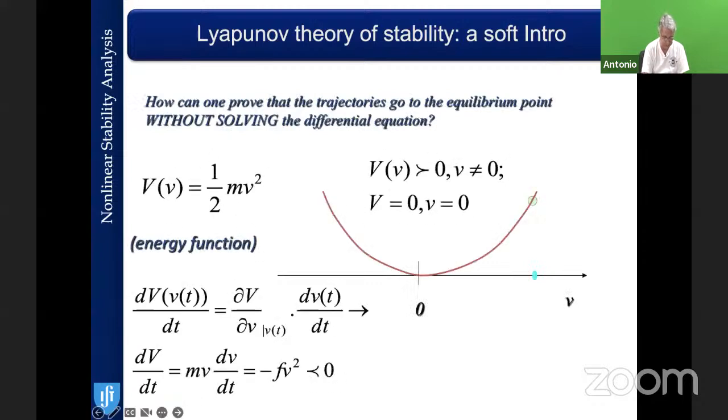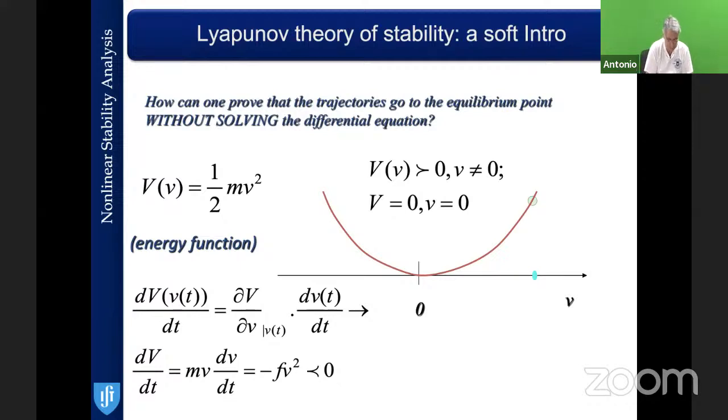So when you replace there, when you multiply this by dv dt, you get minus f v squared. F is positive. No matter what v is doing, v squared is always positive, and therefore this is negative, and the derivative of the Lyapunov function is negative, and you are done.